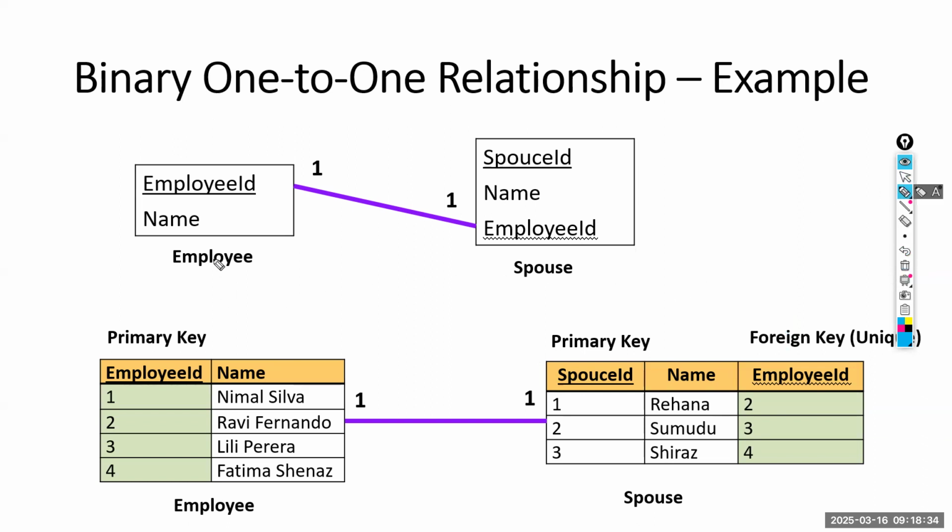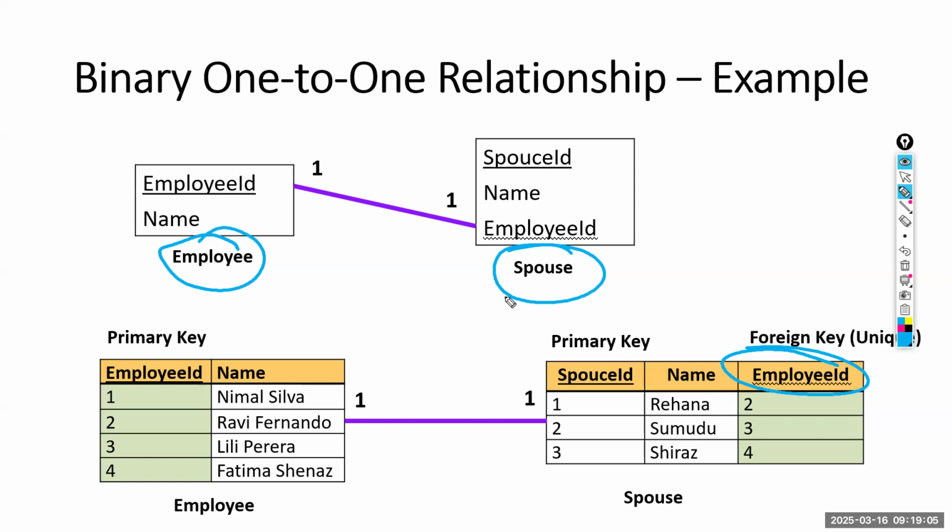Right. So if the relationship is between a strong entity and a weak entity, and of course in this case, spouse is a weak entity. Spouse is not the major concept, but we need it. So therefore, spouse is a weak entity. If your one-to-one relationship is between a strong entity and a weak entity, add the foreign key to the weak entity. Okay? That is a rule.